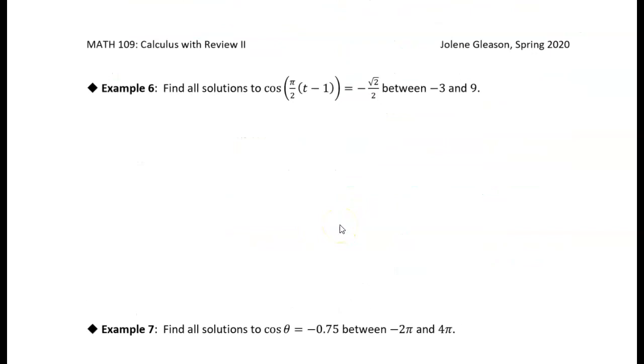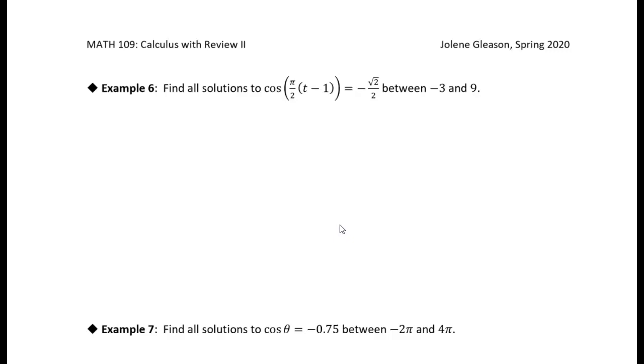This is a little more complicated problem here. So now we have cosine of pi over 2 times the quantity t minus 1 is equal to minus square root 2 over 2. Okay, and we want to find all the solutions between -3 and 9.